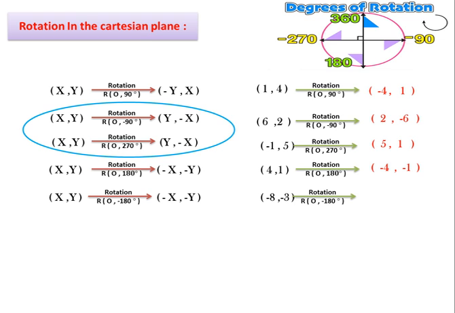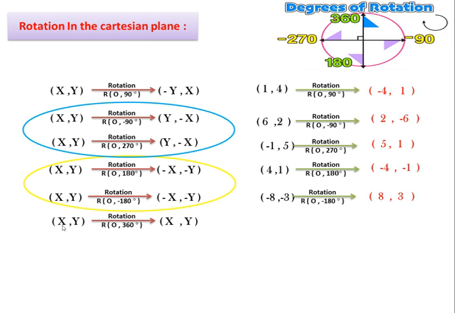If we have (negative 8, negative 3) and rotate about the origin by negative 180, we get (8, 3). We know that the rotations by 180 and negative 180 are the same. Why? Because if we rotate from the starting point clockwise, we get 180, and if the rotation is anti-clockwise, we also get 180, so the two rotations are the same.